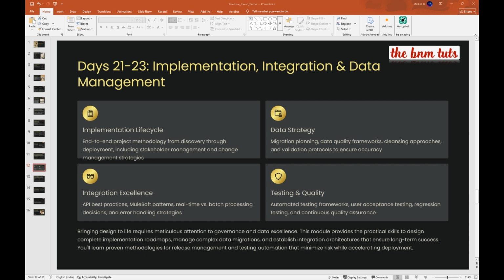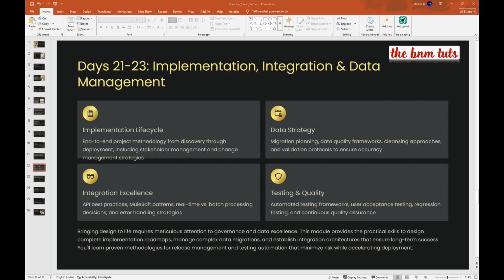So if it's starting from scratch, it will be easy for us. Why? Because anyway we know the data model that is available in the revenue cloud, and we map it with the business requirements. But coming to the migration, first we need to understand data migration methods. We need to define the data migration methods, and also map with the existing data model.